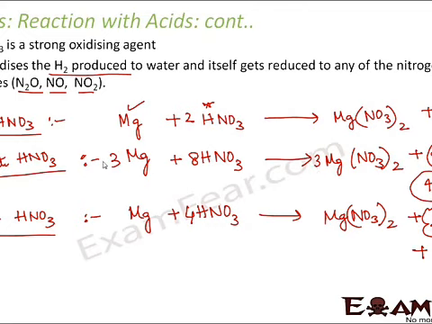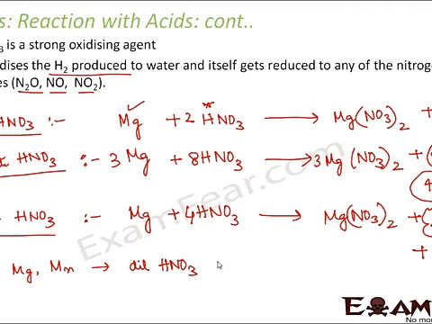Now, this doesn't mean that every other metal will react with nitric acid in a similar way. For example, there are certain metals which do not react with dilute nitric acid.